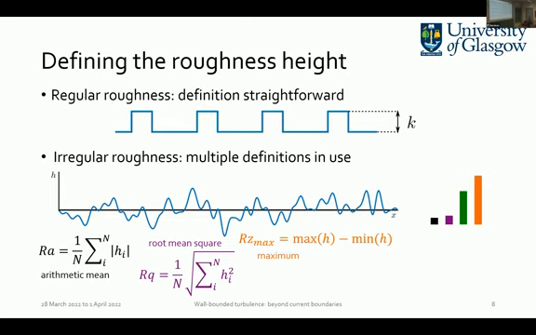Or you might alternatively use a measure related to the maxima and minima of this roughness trace, like the Rz max value, or the mean peak-to-valley height, where we divide the signal into 5 chunks, take the Rz max for each of them, and then average. Depending on which measure you choose, you get quite different conclusions. What is your roughness height? All these bars are drawn to scale for this signal, and obviously the arithmetic mean gives you a much smaller value than if you choose the Rz max.